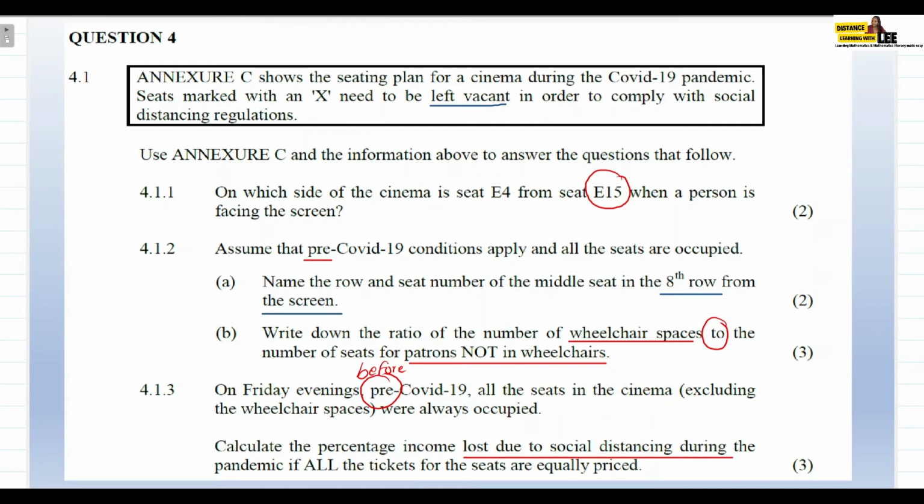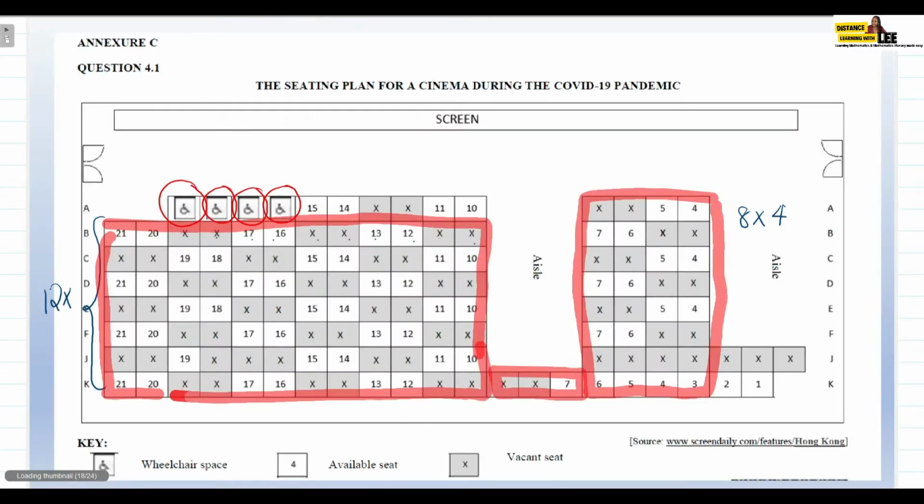Okay, so in this question, guys, we need to determine how many seats would have been occupied if it was before COVID, and then how many seats were actually occupied during the COVID-19 pandemic, and then we get our percentage income lost from that. Okay, so let us do that.